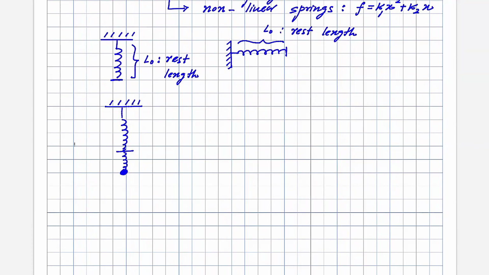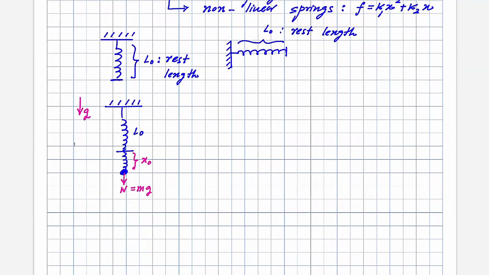Why? To balance the weight of the attachment. So this is L0. Due to this weight, mg, as I told you before, this is under gravity, there is a small extension. I would say that extension to be x0. Right? So that x0 extension is due to this attachment.